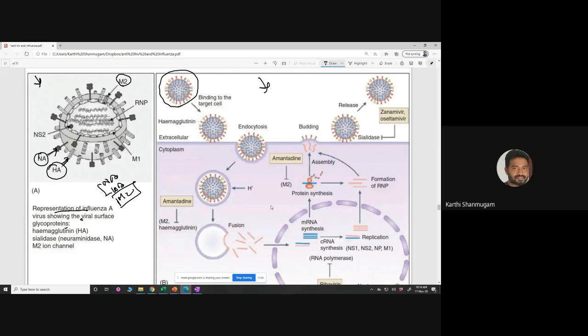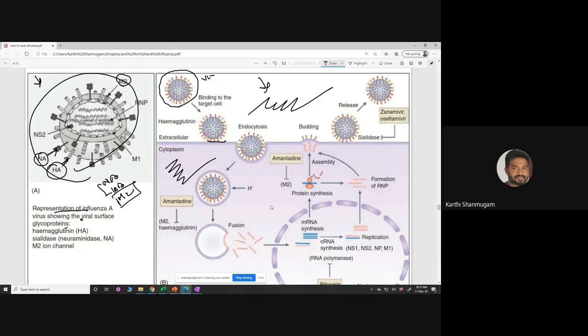This is the structure, represented like this: the virus particle approaches the host cell. This region is the extracellular region, and this region is the intracellular region. The virus particle slowly attaches to the extracellular part. Then the virus should either enter the cell or inject its genetic material inside the cell.